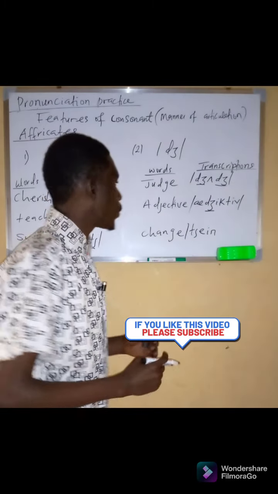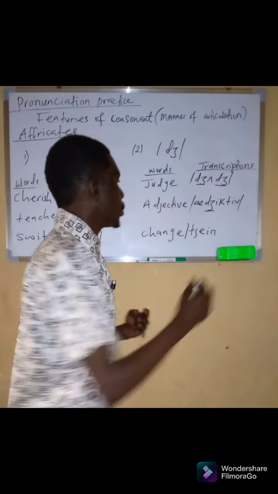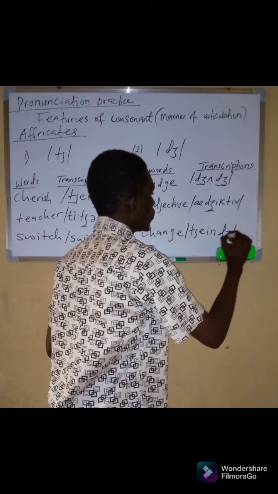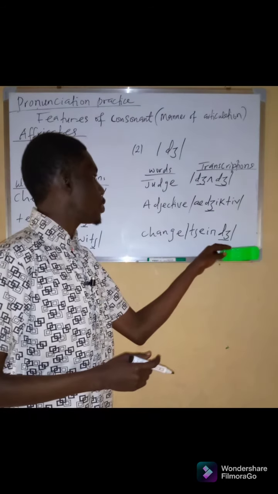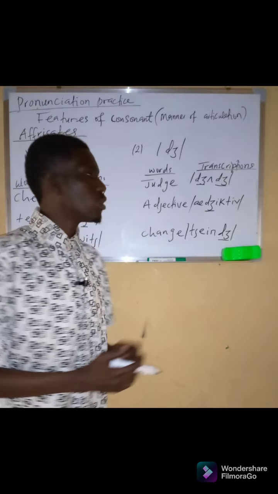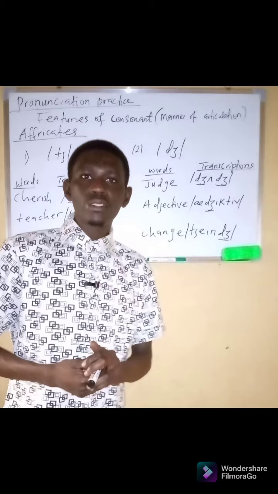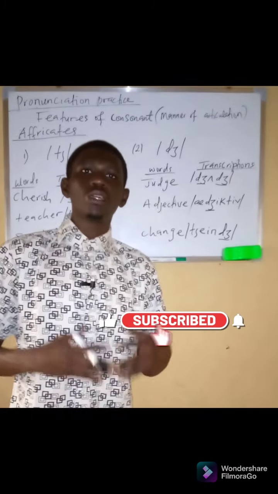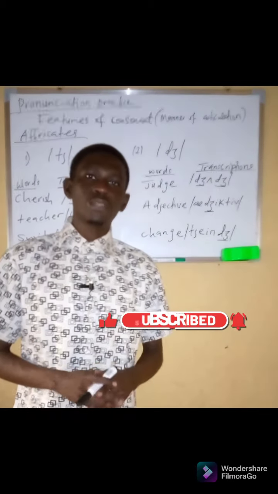We have chain, but we're looking for the transcription of the word change. So here we have the sound j at the final position, change. So this is the transcription of the words as examples of the sounds ch and j as affricates.